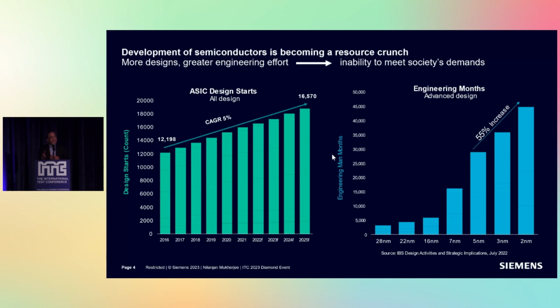On the right side, the graph shows the engineering effort that is needed to implement an IC as we move towards lower technology nodes. As we move from 7 nanometer to 5 to 3 to 2 nanometer designs, the amount of engineering effort needed increases by 55% for every node. The way we are addressing it today is by throwing in more engineers, more bodies, to do that work. But that is not sustainable.